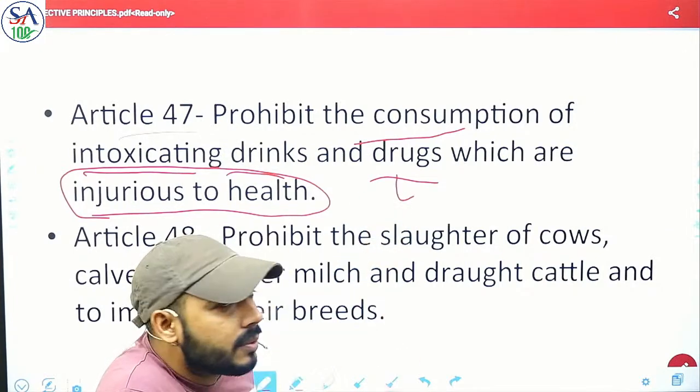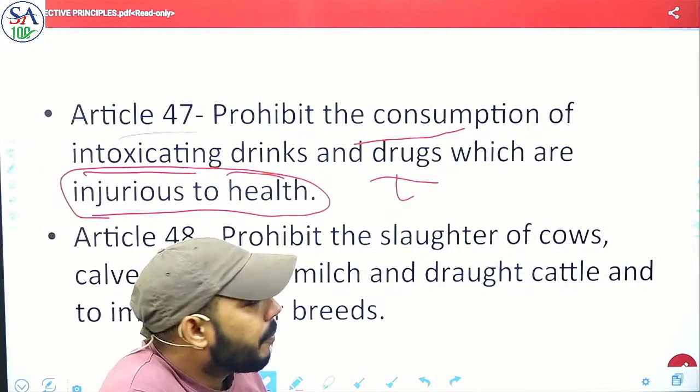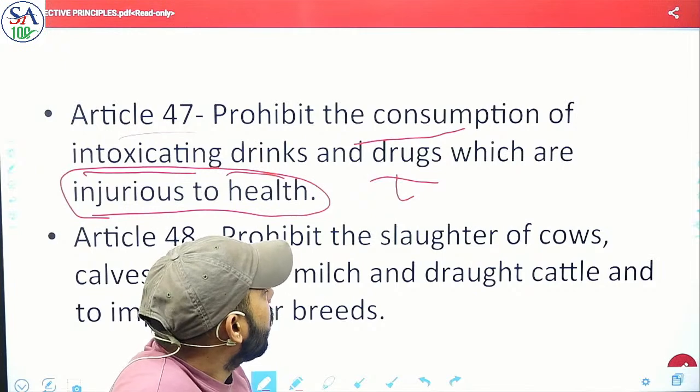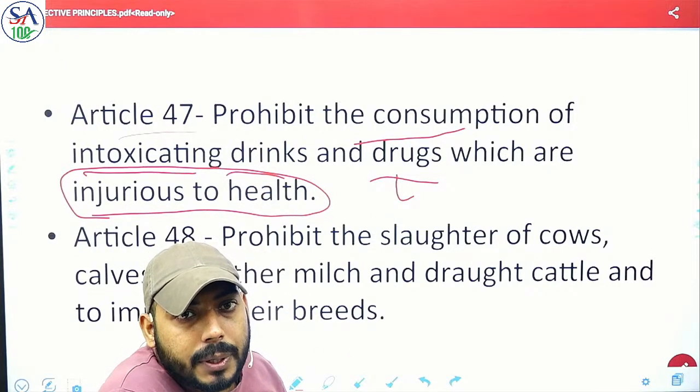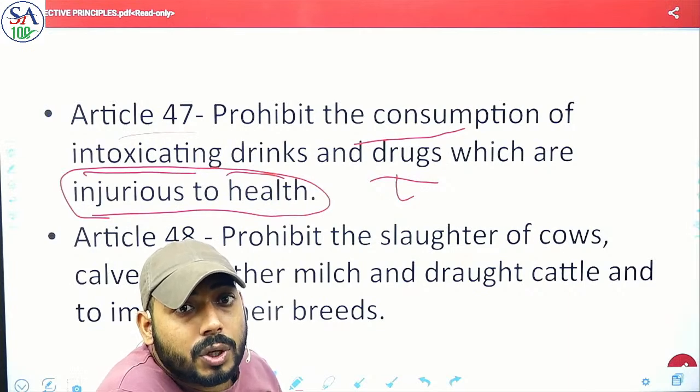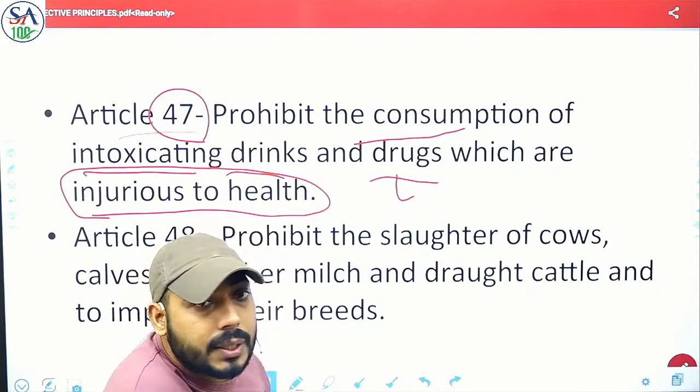Drugs such as heroin and charas are all injurious for the public. So what Article 47 says is that their consumption should be stopped.